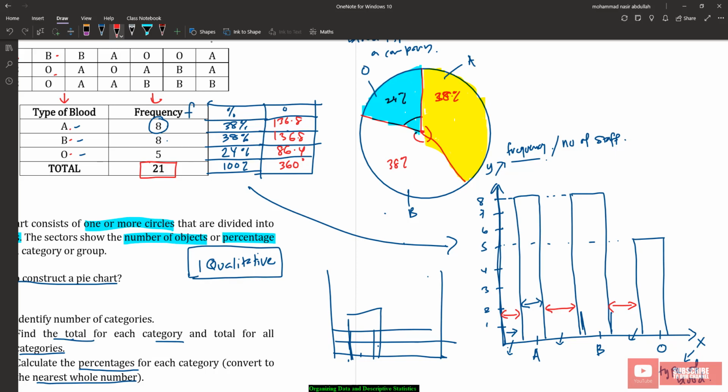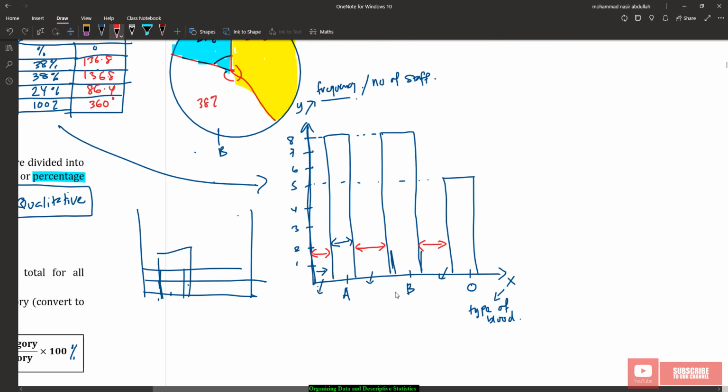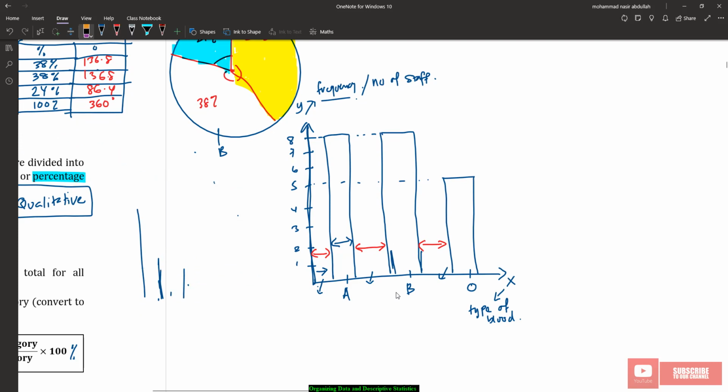And then in a bar chart, this is a vertical bar chart. Always remember to put your axis title, right? Here we put the axis title. This is number of staff. For blood type, for the x-axis, type of blood, and the title for the bar chart.